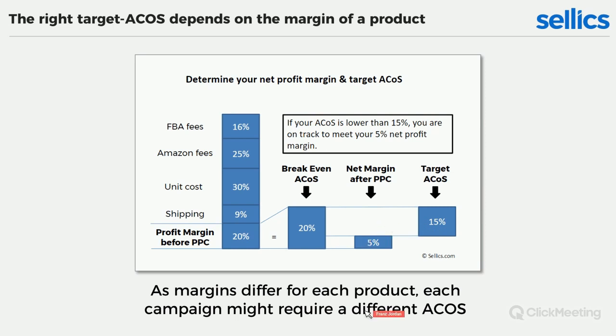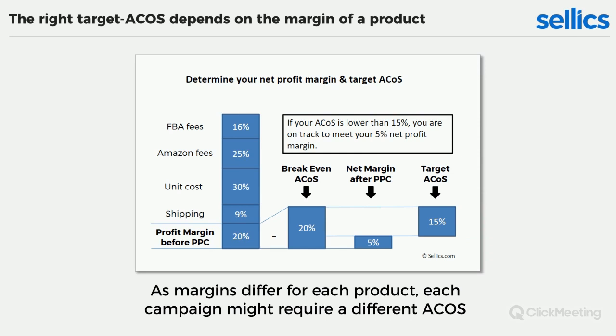So if you have a 20% margin before PPC and you want to keep 5% after PPC, you can invest up to 15% into ads. This would mean that your target ACoS essentially is 15%. I think that's very straightforward.